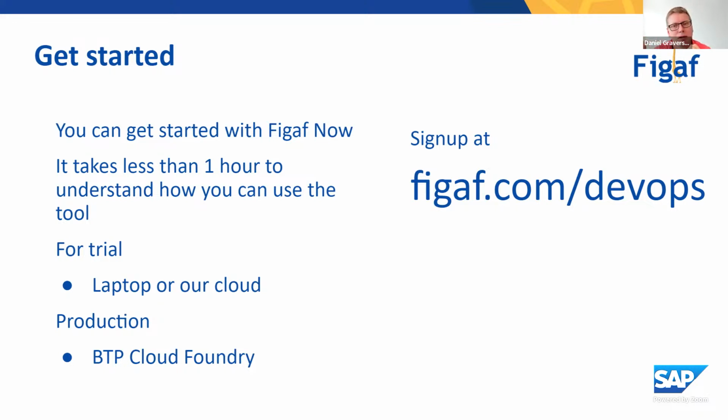Also, if you want to mock endpoints, instead of calling SuccessFactors, the tool will call Figaf, and then Figaf will calculate based on the response what you're supposed to be getting when you're sending this message. So there's no need for users to consider a lot of these scenarios.